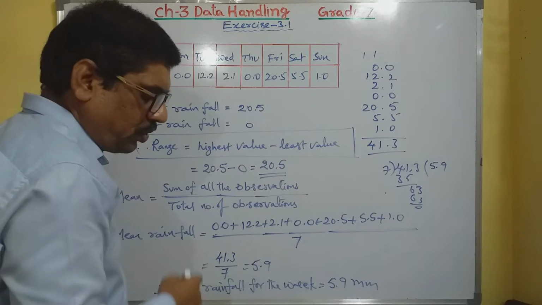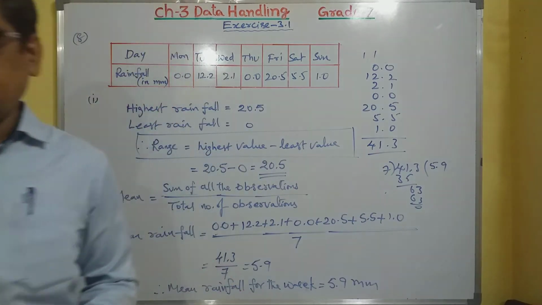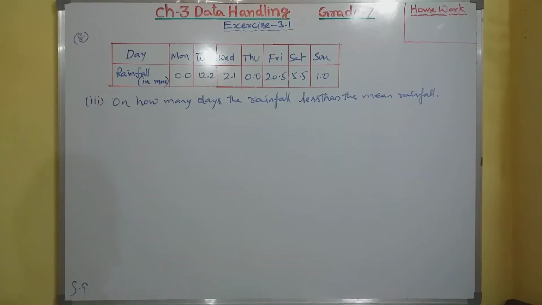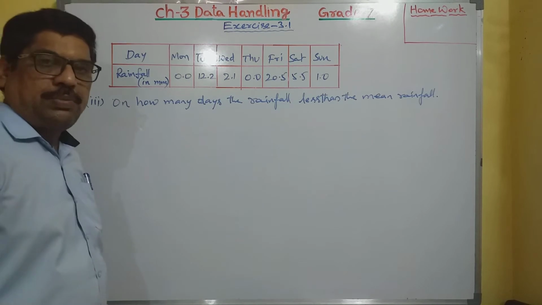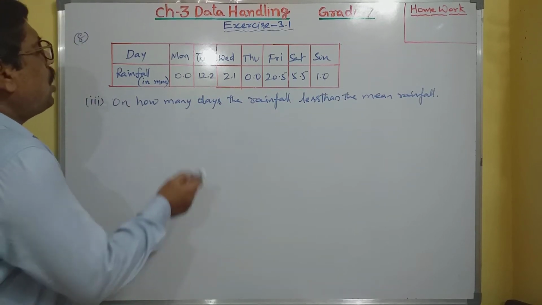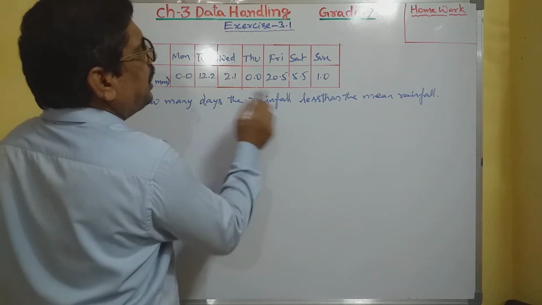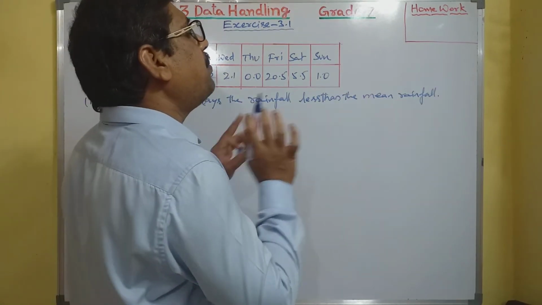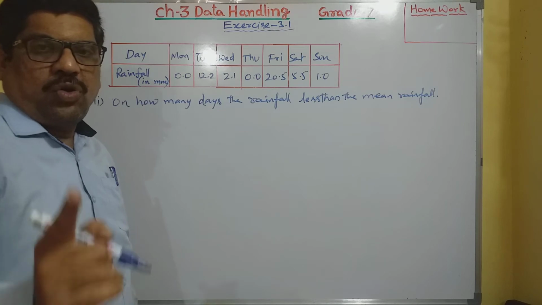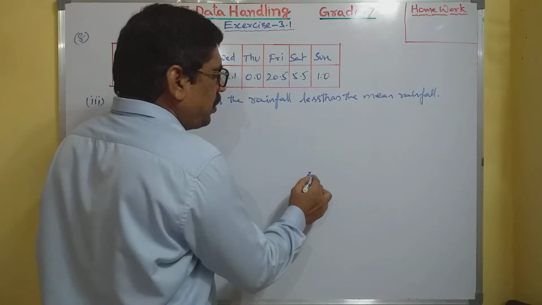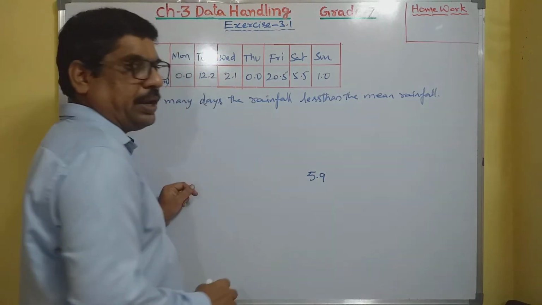Please copy this problem. We have one more question. Now the third question from the 8th problem: on how many days was the rainfall less than the mean rainfall? Look at the second answer I have given already. What is the mean rainfall? We got 5.9.